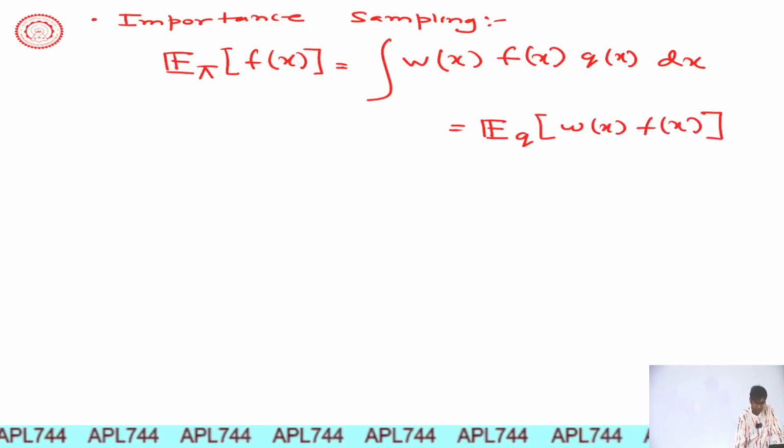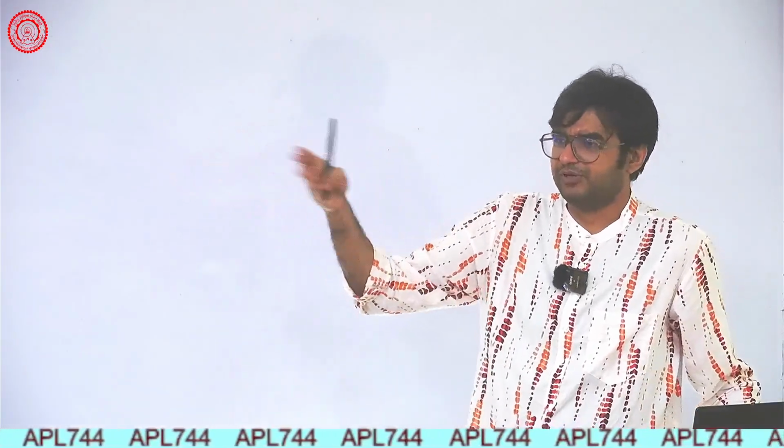And this we saw last time how we derive it. It's simple, divide by pi q, multiply by q, and then just make adjustment, and you will get it. These are the three things we have discussed, right?